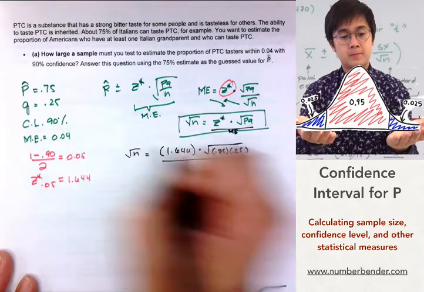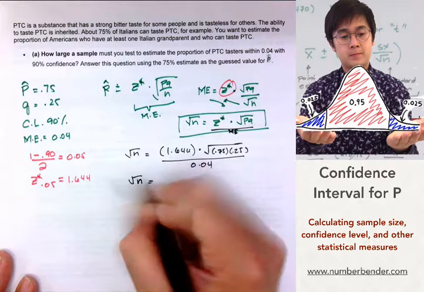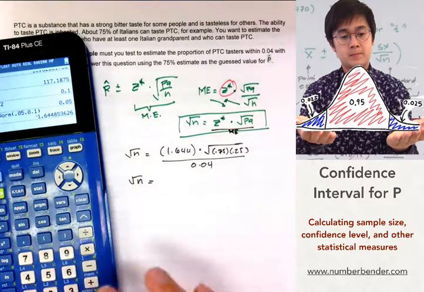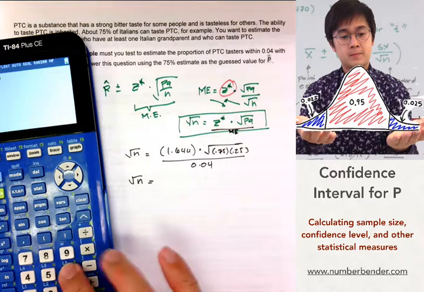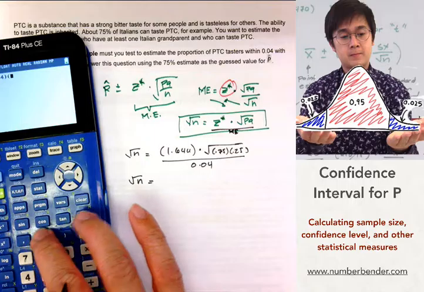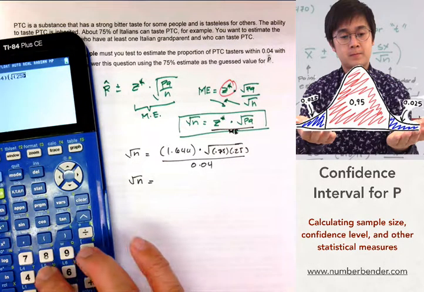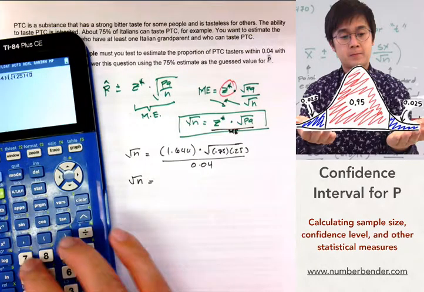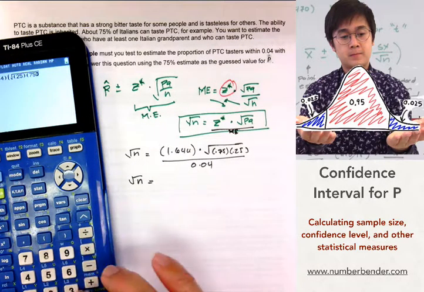So, square root of N using our calculator will give us 1.644 multiplied by the square root of 0.25 and 0.75, divided by the margin of error.